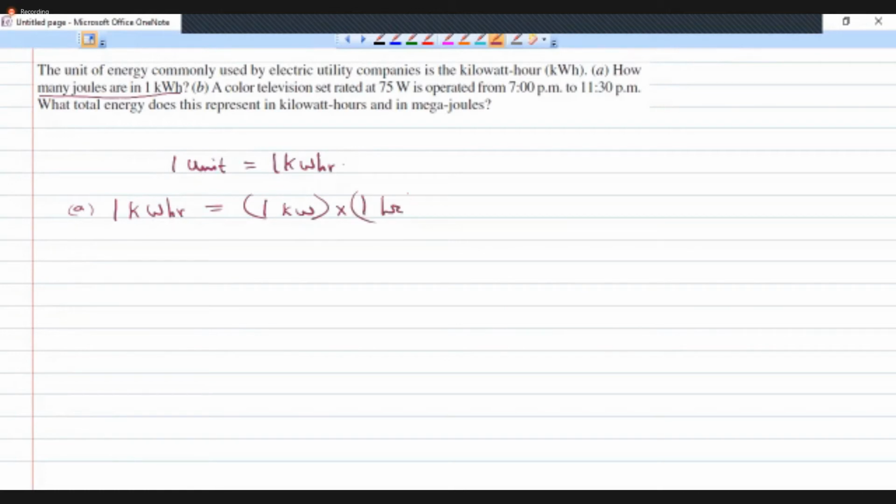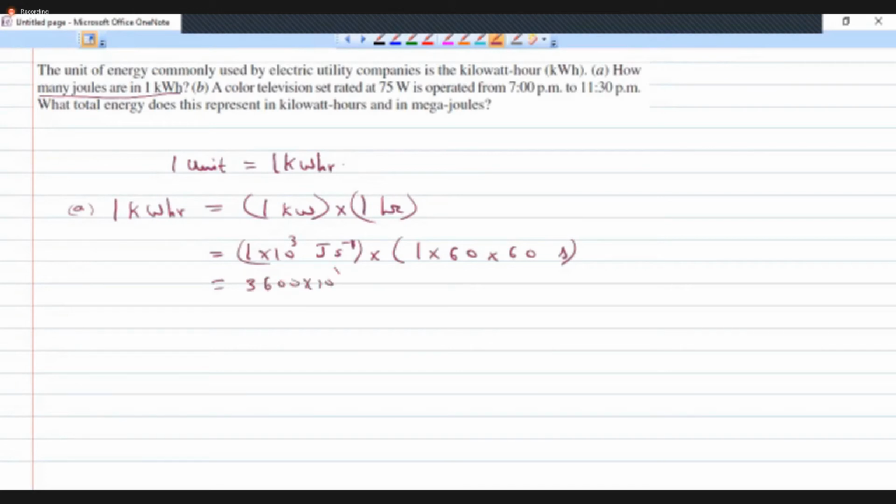So what is 1 kilowatt? 1 into 10 power 3, that is kilo, joules per second. And what is 1 hour? 1 into 60 minutes into 60 seconds. When you multiply all these, 60 into 60 is 3600 into 10 power 3.